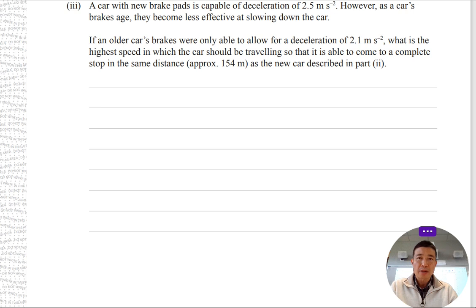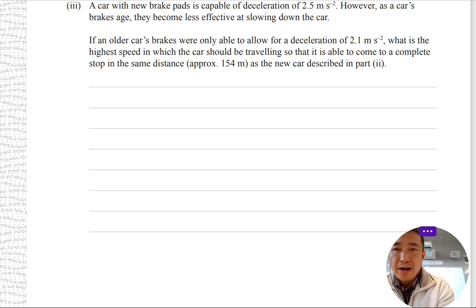If an older car's brakes were only able to allow for a deceleration of 2.1 meters per square second, what is the highest speed at which the car should be traveling so that it is able to come to a complete stop in the same distance, approximately 154 meters, as the new car described in part II2? If you haven't, try question 2C, and then you would understand this question better.